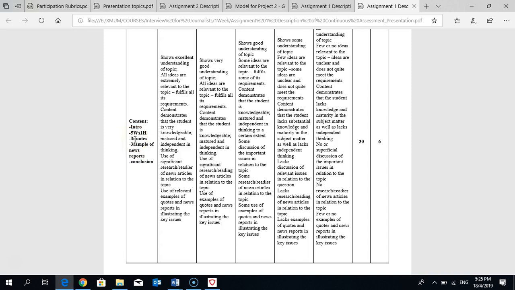We want to see that you have some good quotes that you can pull out of your sources, some samples of news reports, and so forth. Show that your explanation, your content has covered the 5 W's and H, and so forth. So that's the rubric. It is on Moodle already, so you can take a look at that.